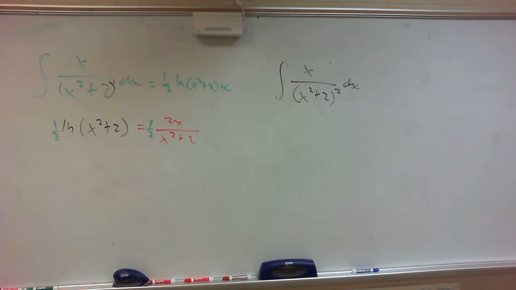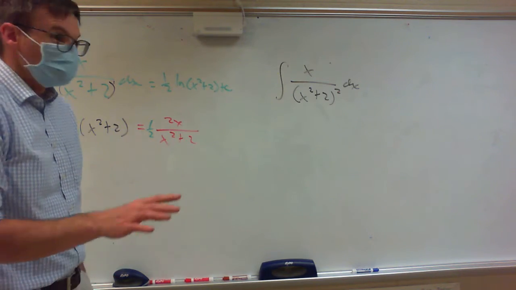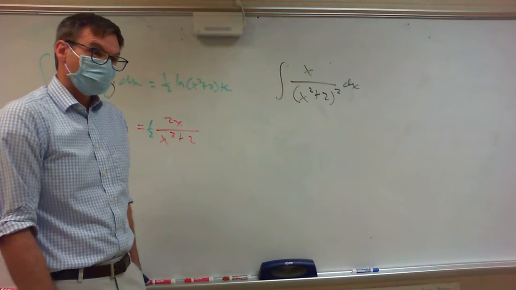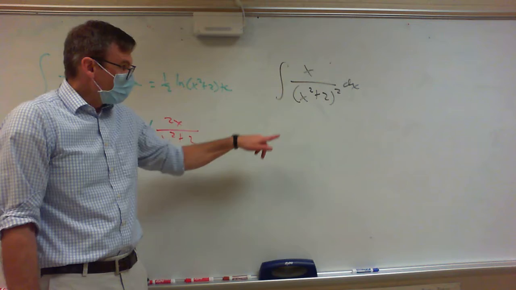Should we just FOIL it out? No. Whoa. We don't know how to handle a fraction, do we? Is there a quotient rule? No. Is there ever a quotient rule? No. Will there ever be a quotient rule? No. You can't handle stuff in the bottom, right? Okay. What do you do with this?